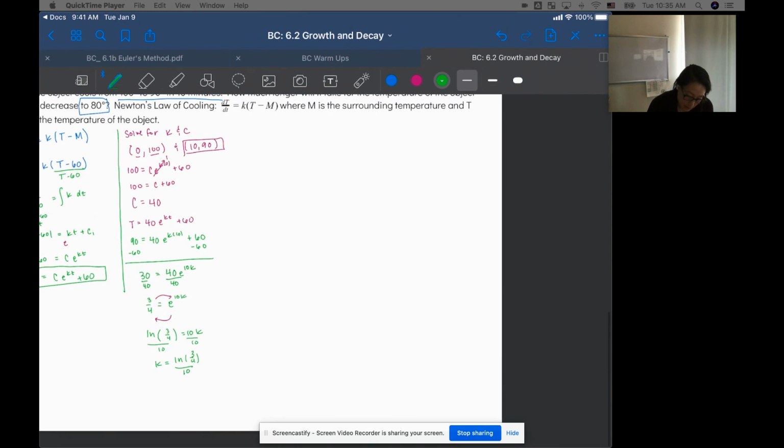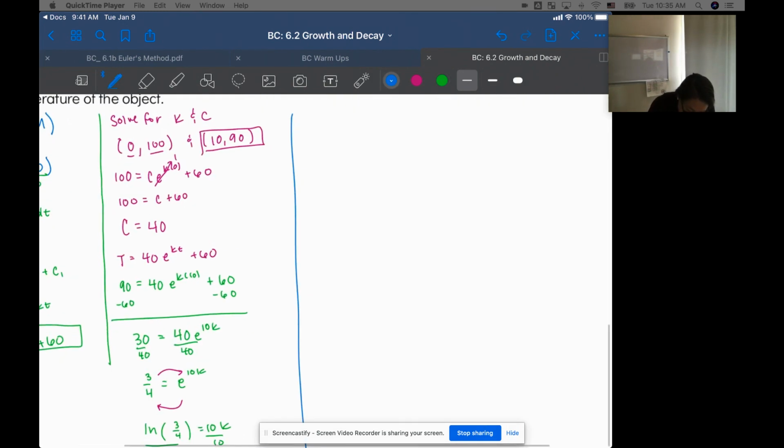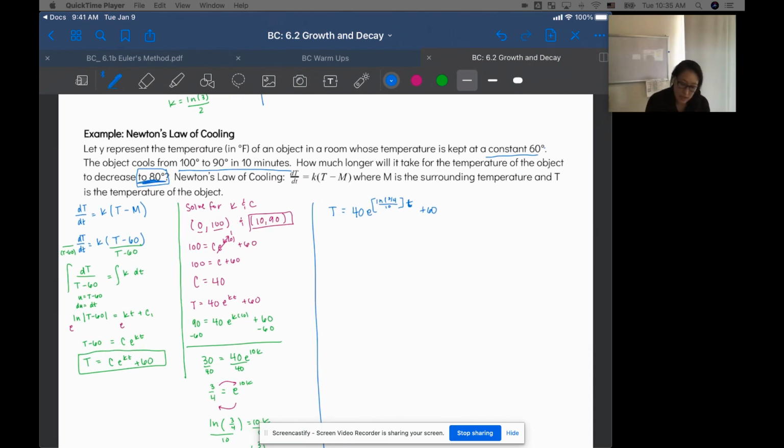All right, so we're ready to set up an equation. Now these just take a while. So I have T is equal to 40 e to the (ln of 3/4 over 10) times t plus 60. And then the last thing it wants us to do is figure out what the time is when the temperature is 80.